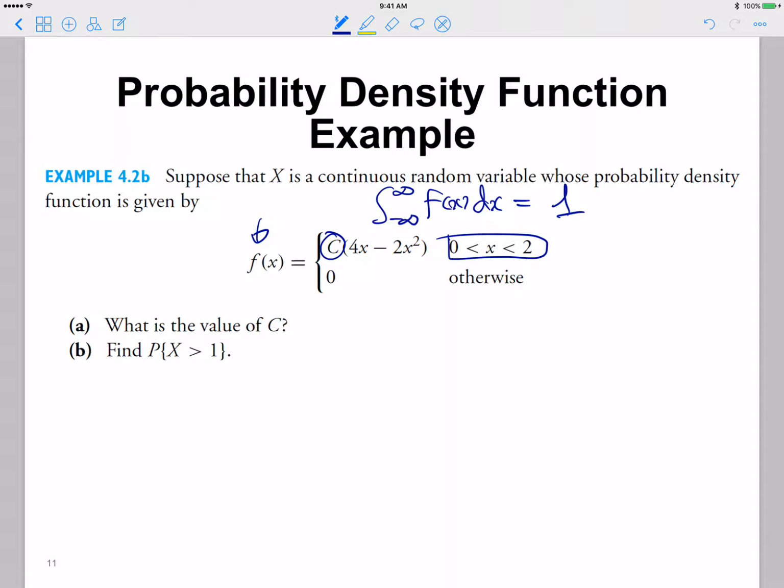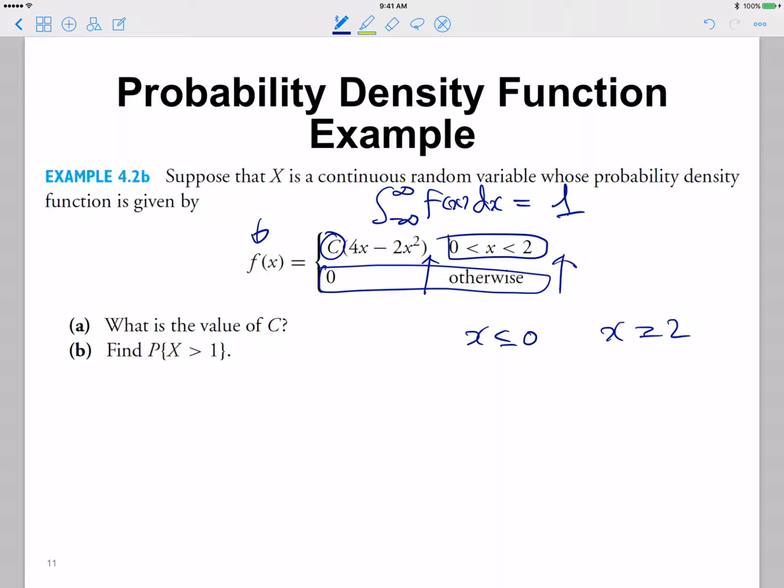But still, we can consider all the ranges of the random variable from negative infinity to infinity, and consider the 0 probability for outside of this region.